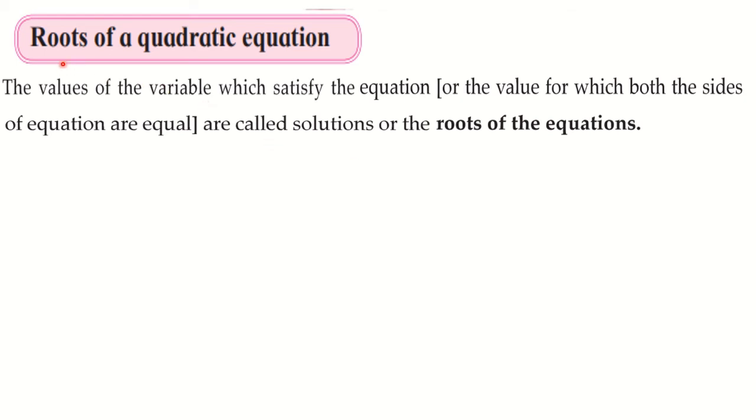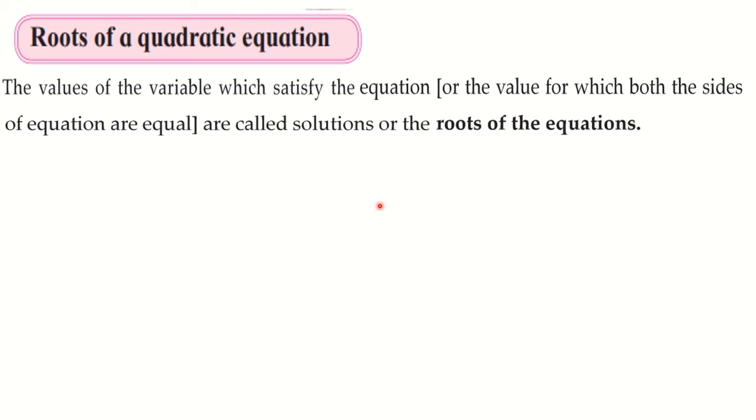Since 2 is the maximum index here, we can have maximum 2 solutions for the quadratic equation. If the quadratic equation is provided to us, it is possible that it has no solution, that means no real solutions. Sometimes we get only one solution, or a unique solution, and sometimes we get two solutions, but it is not possible to get more than two.